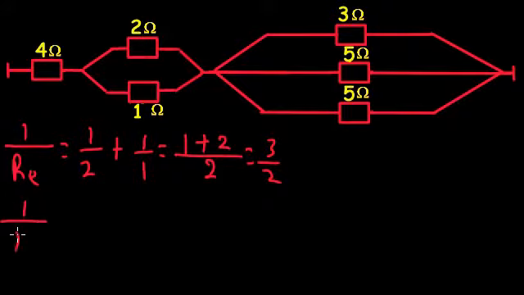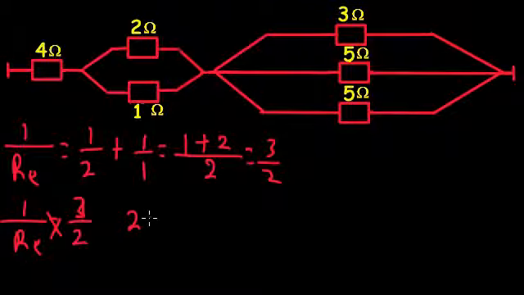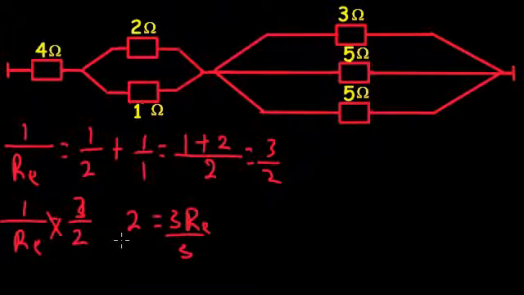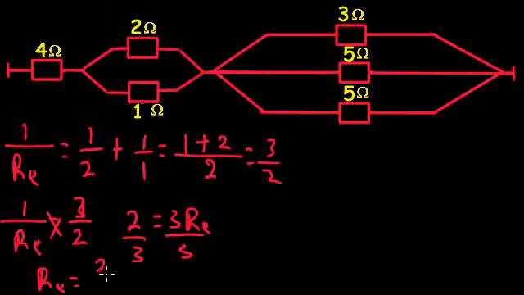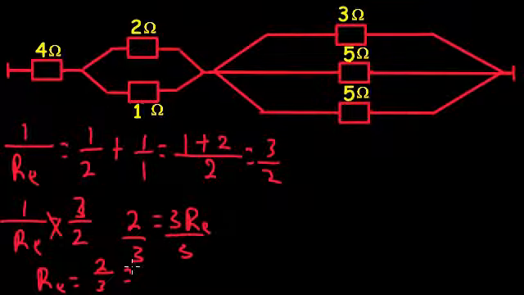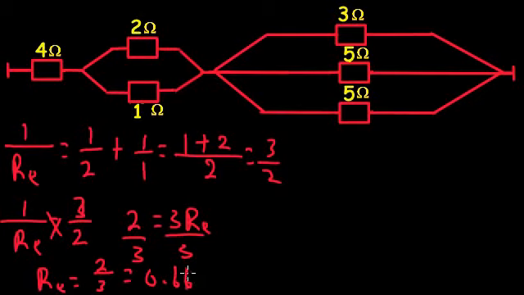So 1 over R_eq equals 3 over 2. If we cross multiply, we get 2 equals 3 R_eq, and dividing by 3, R_eq equals 2 over 3, which is 0.666 repeating. Let's say 0.67.